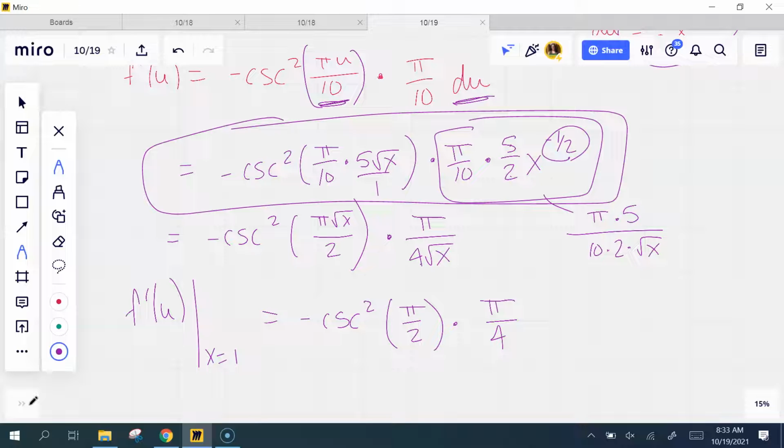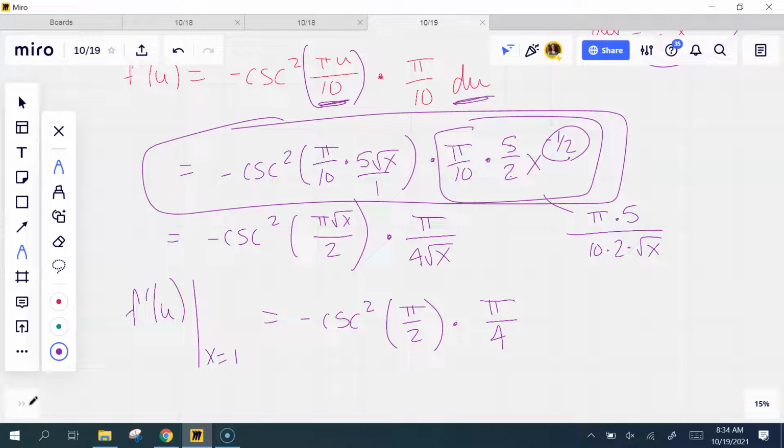Okay, so now this is unit circle. It's negative 1 half, squared, cosecant squared. So how do you find cosecant? Cosecant is 1 over sine. So it's the flip of sine. So what's the sine at pi over 2? Where's pi over 2? I'm up at the top at pi over 2, right?